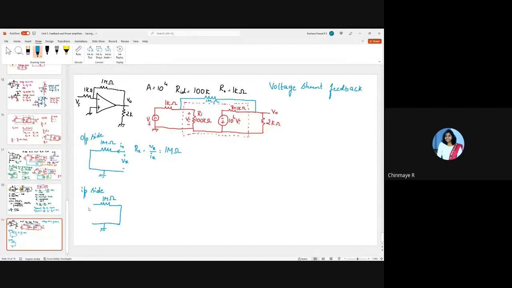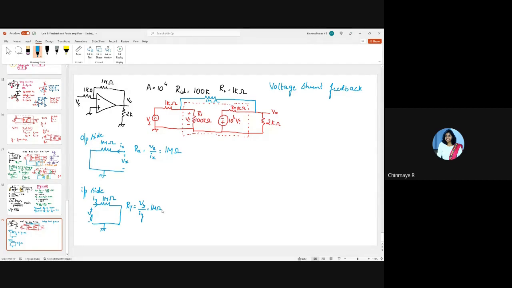In order to find the effective resistance on the input side, you apply a small voltage Vy here and then calculate Iy. So now you get Ry is equal to Vy by Iy, which is again 1 mega ohm. Correct? So the impedance seen from the input as well as the output side due to the feedback resistance is itself.